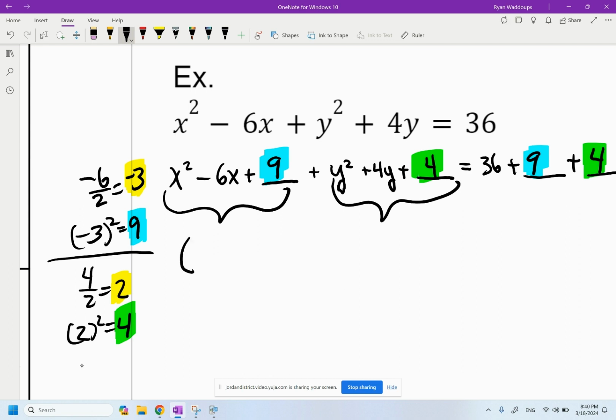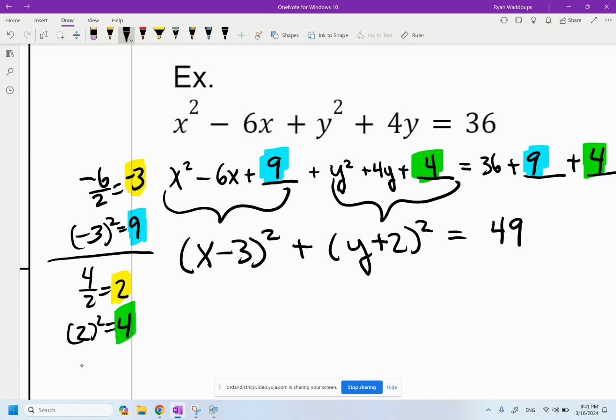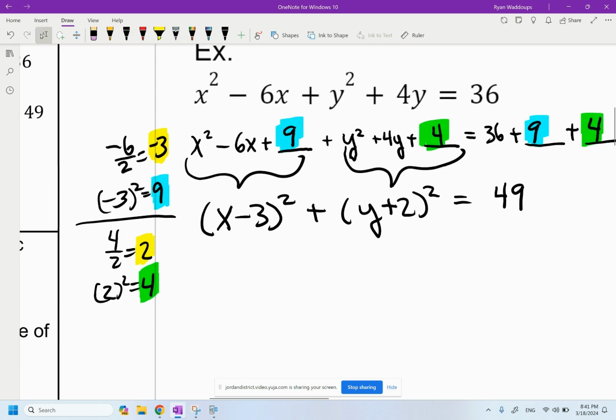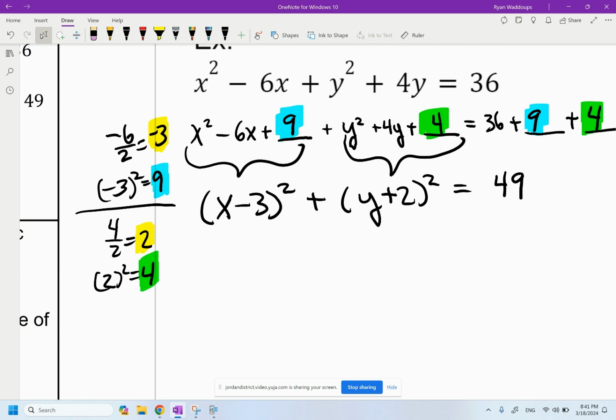And so here, this is going to give me (x − 3)² + (y + 2)² is equal to, and then I'm going to add all of these up. Let's see, 36 plus 9 would be 45, and 45 plus 4 would be 49. All of those add up to 49. And that's it. That's our equation.